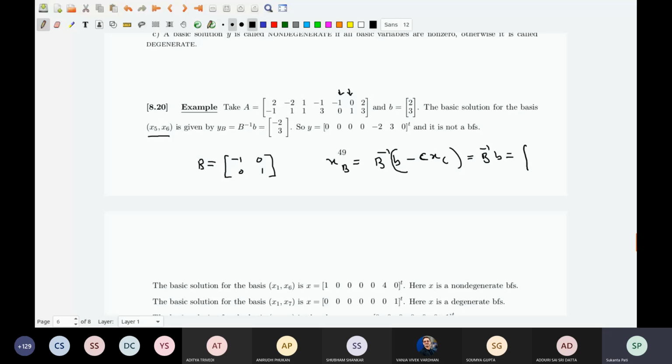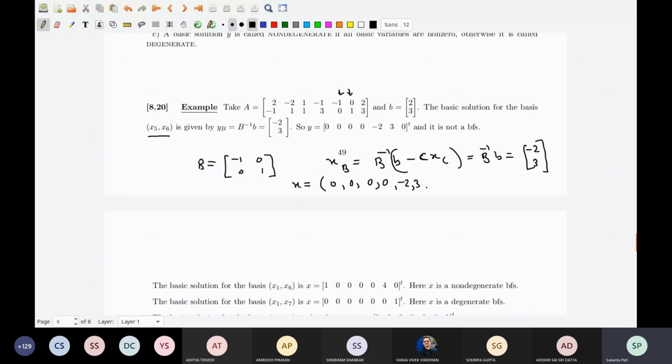This will be xB, and xc is 0. So what is the solution x I got? Everything is 0, 0, 0, 0, 0; only x5 is minus 2, x6 is 3, x7 is 0. This is the solution that I got.